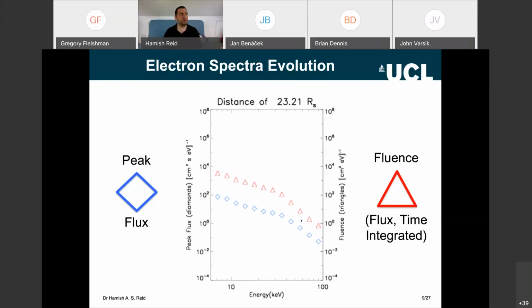We found in the simulations that this double power law comes because for the higher energy electrons there's not enough energy density to interact with the Langmuir waves, but for the lower energy electrons there is enough energy density to interact with the Langmuir waves.